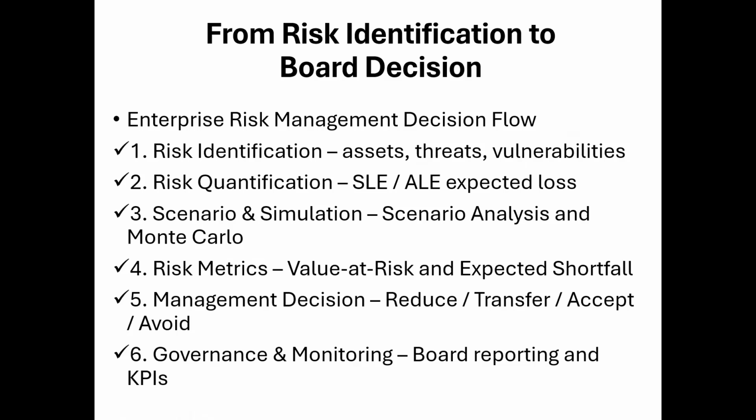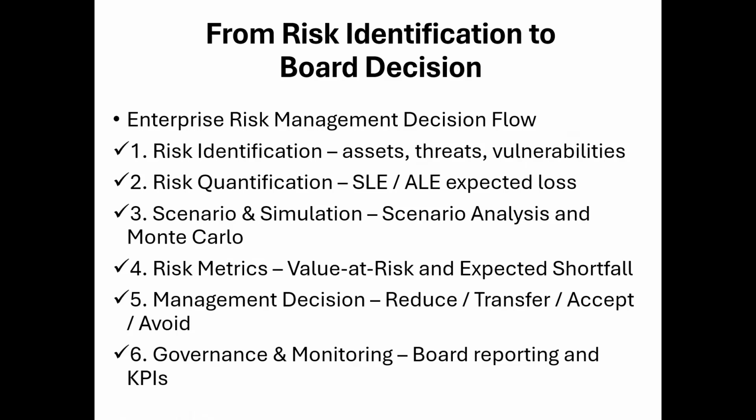In session 1, what we did was the single loss expectancy and the annualized loss expectancy. We quantified risk into financial terms. And then today we deepened our analysis through Monte Carlo simulation, so we are now able to understand uncertainty.